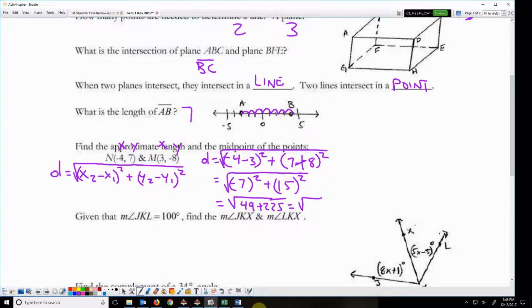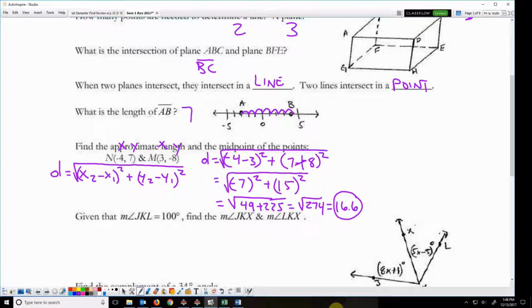And when I add those together, I get 274. And then it does say approximate. So I'm going to type in my calculator square root of 274, and that's about 16.6. So there's my approximate length.